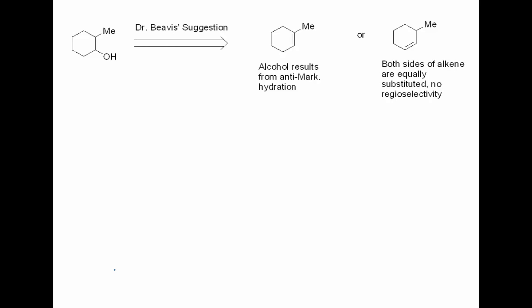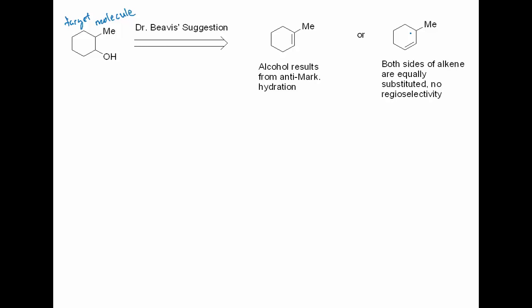All right, so we know that this product, what we call our target molecule, comes from an alkene. It could come from one of two alkenes. It could come from the alkene that we have here on the left, or it could come from the alkene over here, right?